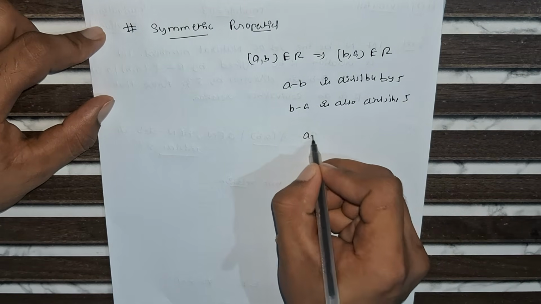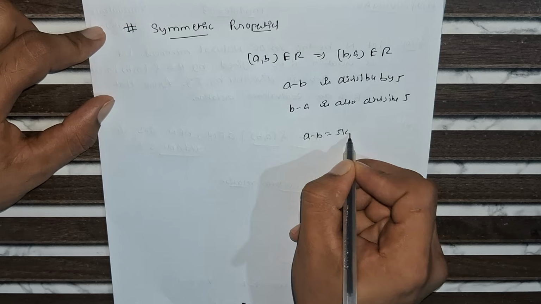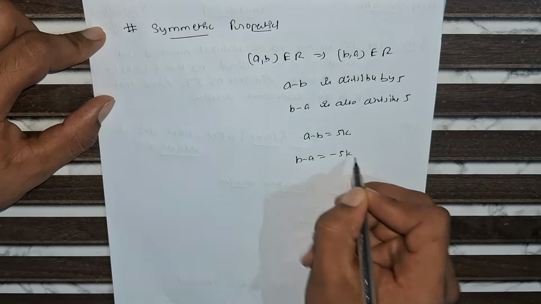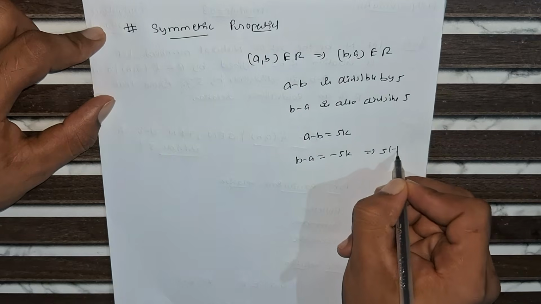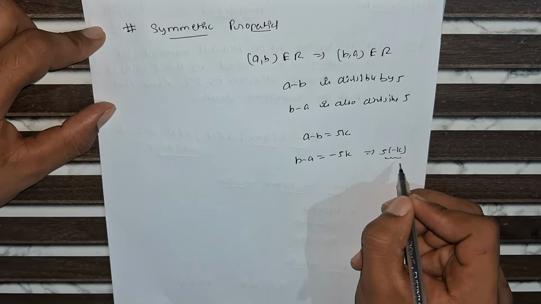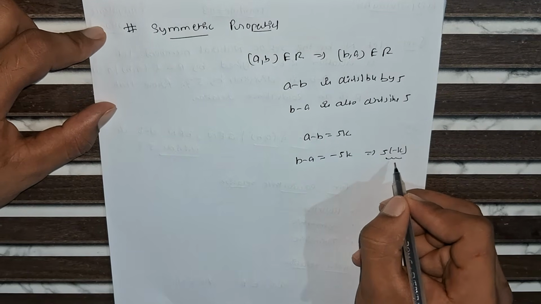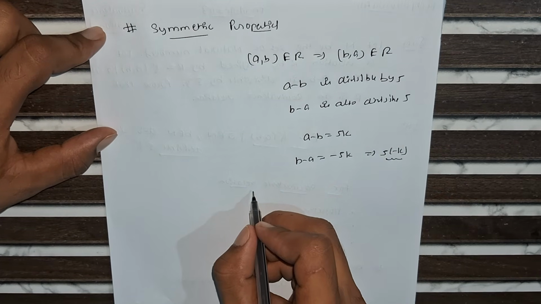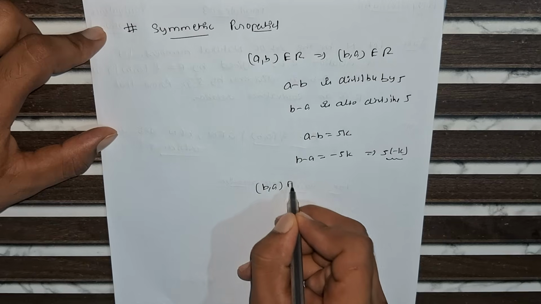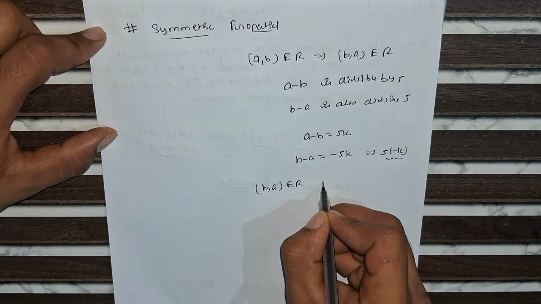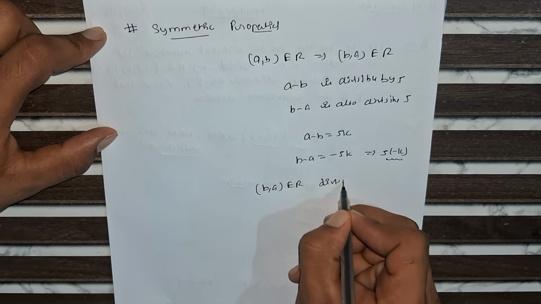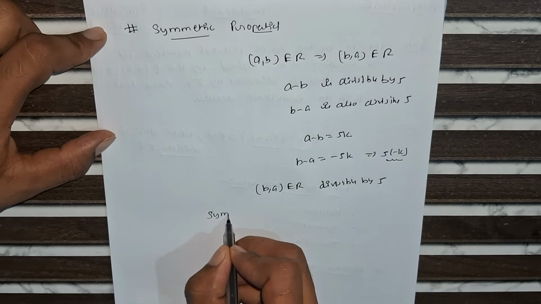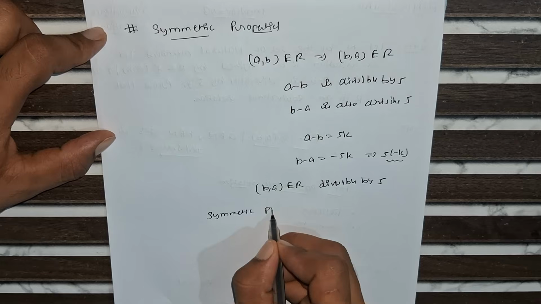So we can consider a minus b equals 5k and b minus a equals minus 5k. It means minus 5k, so for any value of k we take here, it is also a multiple of 5, so it is divisible by 5. So we can say that (b, a) belongs to R. So here our symmetric property is also satisfied.